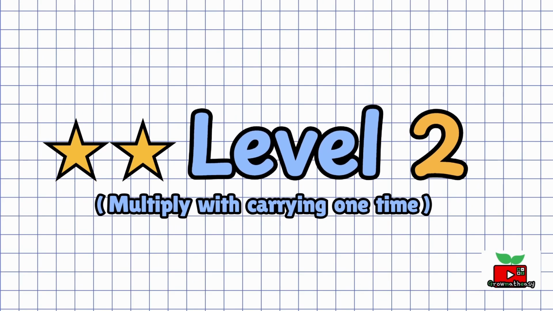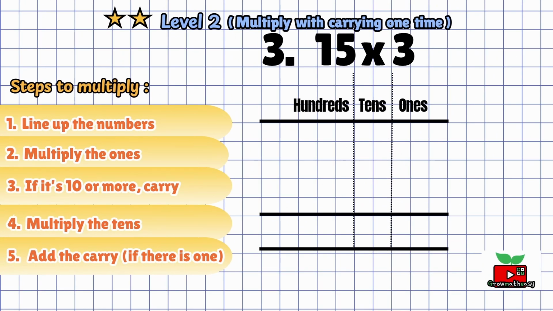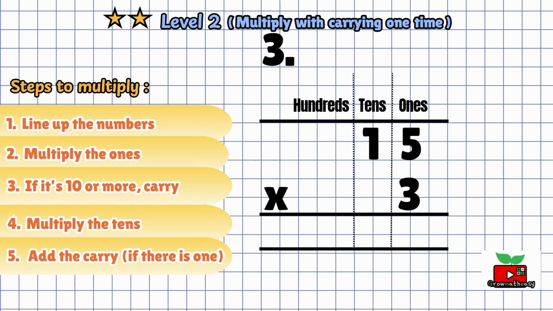You can pause the video, try it yourself, and then play to check your answer. Question 3. 15 multiplied by 3. First, line up the numbers. Then, multiply the ones. Draw a little butterfly wing to focus on the ones. 3 times 5 equals 15. If the answer is 10 or more, carry.